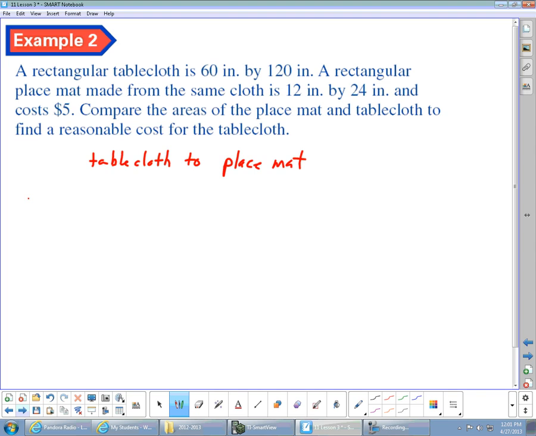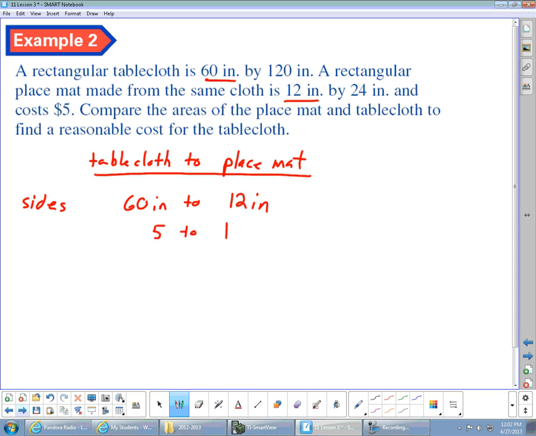You can pick either dimension, but let's just start with the first one, 60 inches to 12 inches, and then we would reduce that. 12 goes into both, so it's a ratio of 5 to 1. It's a 5 to 1 ratio.